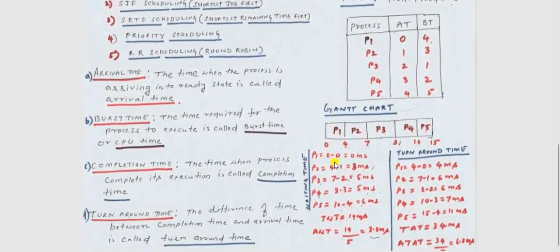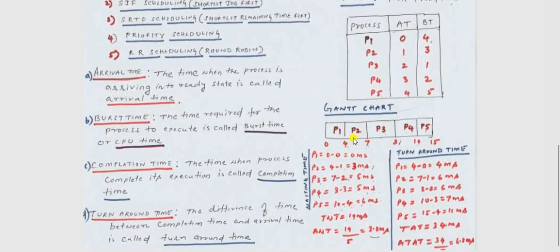Now let us start scheduling the processes in the Gantt chart. A Gantt chart is a horizontal chart which is used to schedule the processes. Take the P1 process: its arrival time is 0 and its burst time is 4.